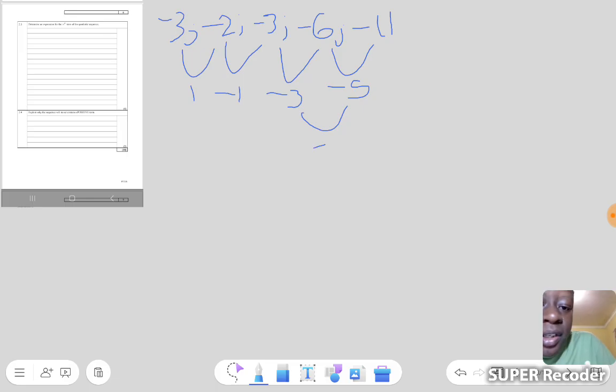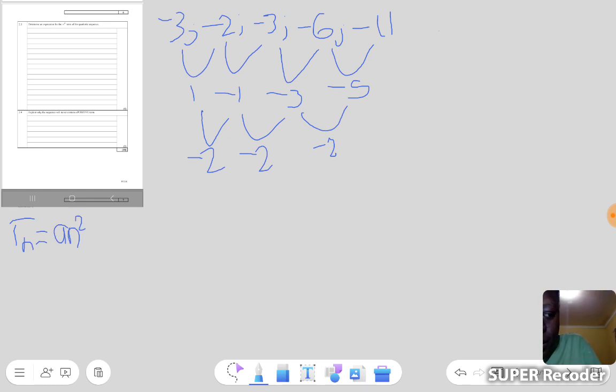Here we have negative 2 being our second difference. So remember that our formula for the general term is Tn equals an squared plus bn plus c, like this.